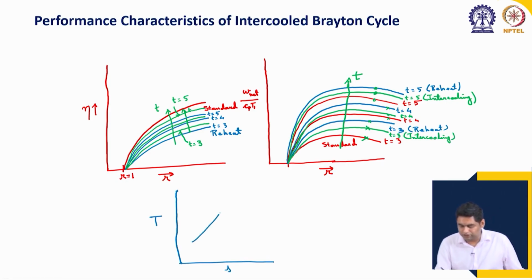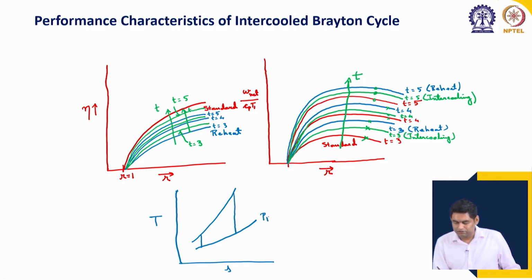So, if I have two constant pressure lines, for ideal gas, we know that the constant pressure lines diverge. Okay, let us say that this is P 6 and this is P 5, like what we have seen in our intercooling case.